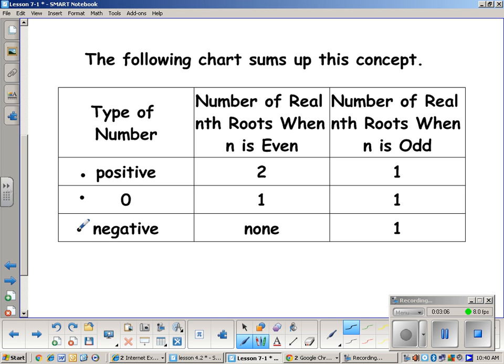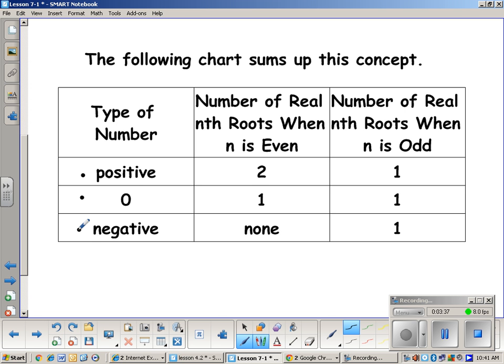A positive number is going to have two nth roots when n is even, and one real root when n is odd. 0 is going to have only one real root either time. And for negative numbers, there will be zero real roots when n is an even number, and one real root when n is an odd number.